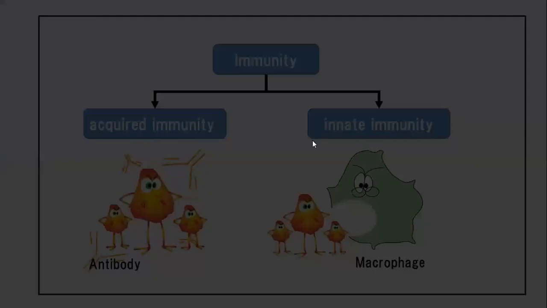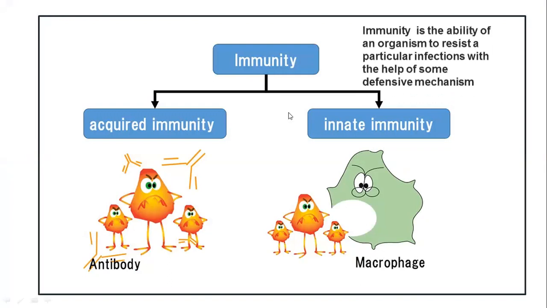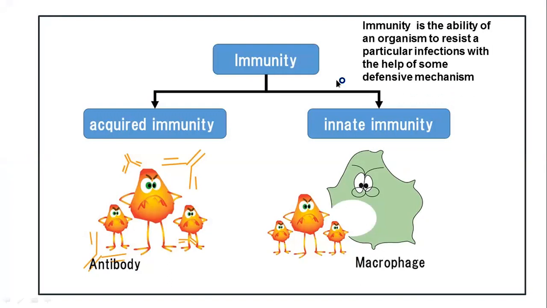First of all, what is immunity? Immunity protects us from infectious agents. Immunity is the ability of an organism to resist a particular infection with the help of some defense mechanism. In our body, we have two types of immune systems: the innate immune system and the acquired immune system.